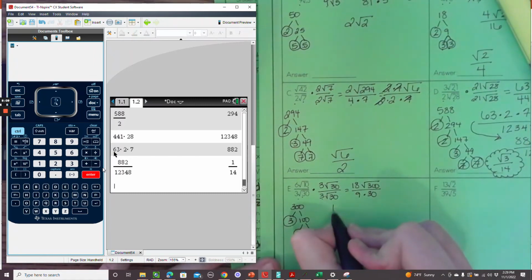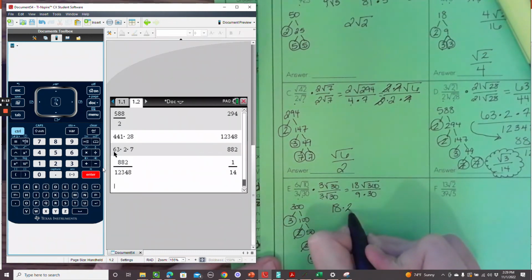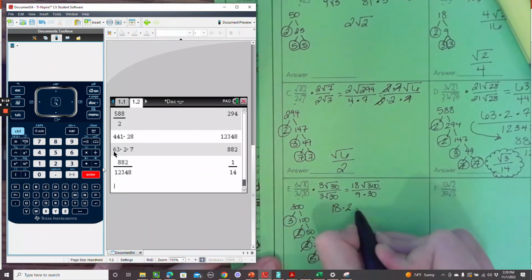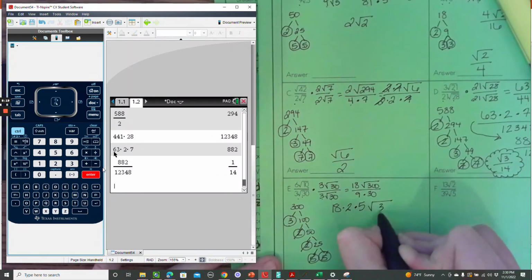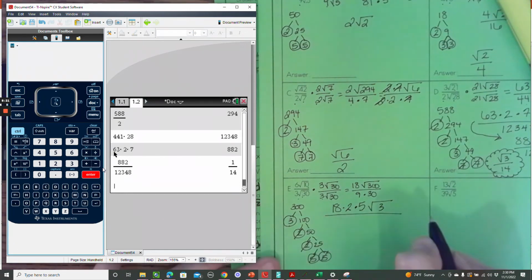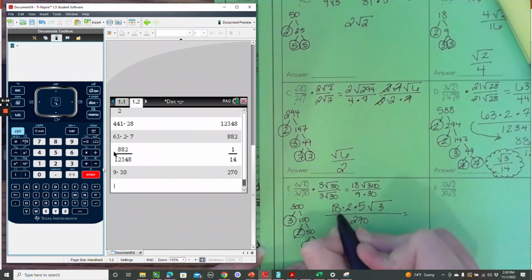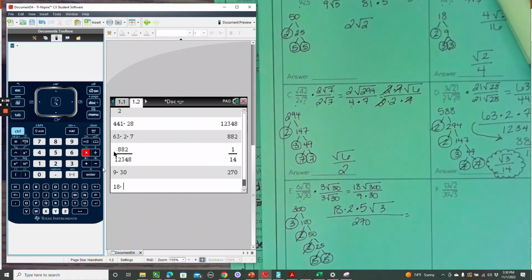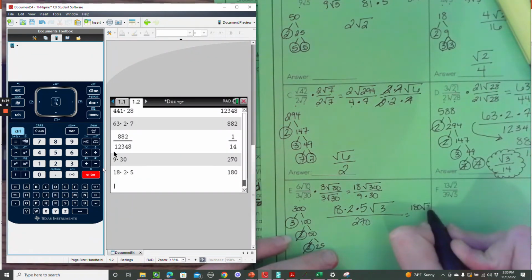All right, so I've got 18. I've got 2 2's, so I can pull that out of the radical. 2 5's, so I can pull that out of the radical. And 3 will be left underneath it. And then 9 times 30 gives me 270. 18 times 2 times 5 gives me 180 times the square root of 3 over 270.